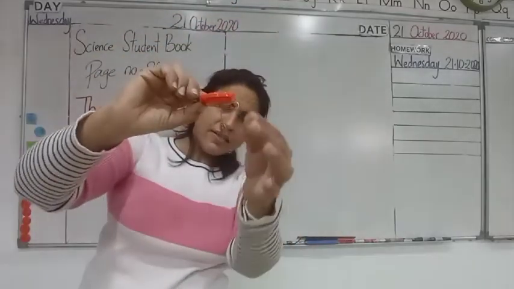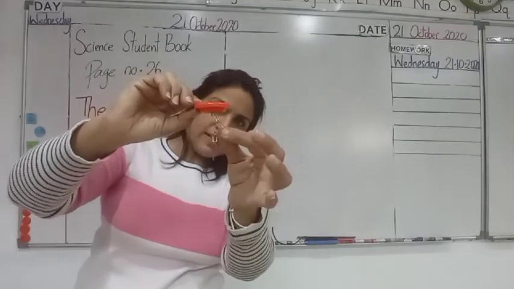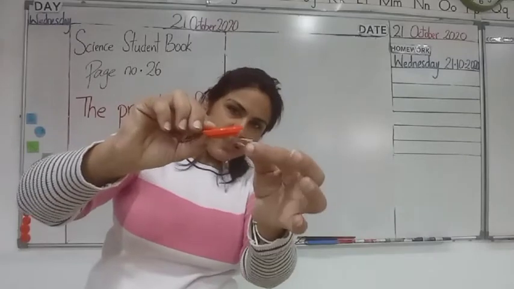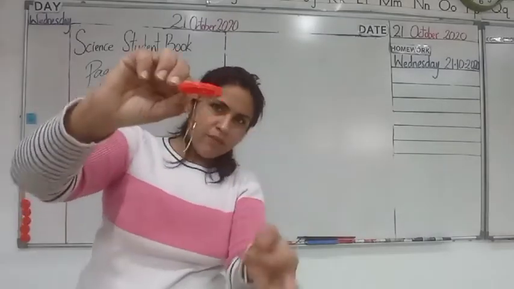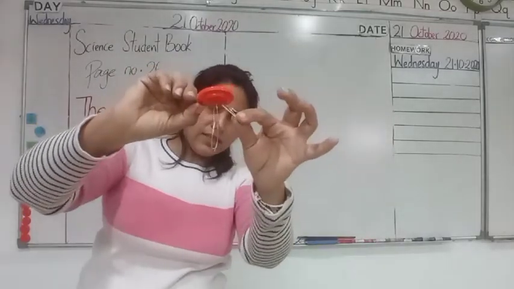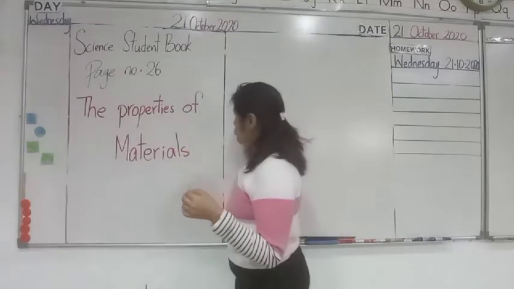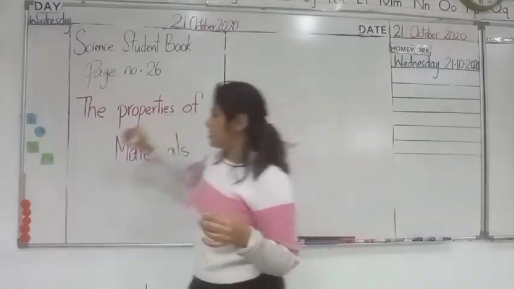This is magnet, and magnet attracts magnetic material. A metal in which there are magnetic powers or properties will attract. You can see, like for example, you have your fridge. On your fridge, you definitely use magnets to put on or to stick.